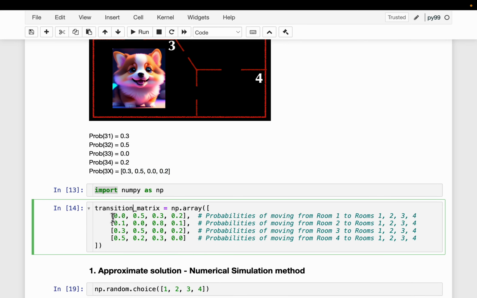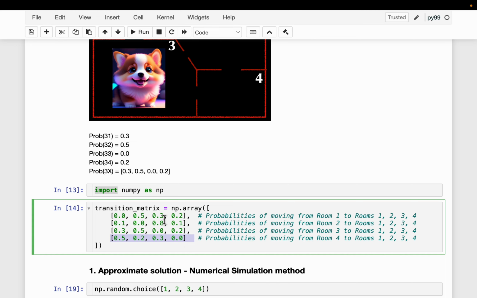So here we have that probability of moving from room 1 to the remaining rooms. Similarly, from room 2, and this is what we just saw, from room 3 to the remaining 3 rooms, and finally room 4. Now if you see, we set all the diagonal elements, which is the probability of staying within the same room, to 0, but it's not necessary.